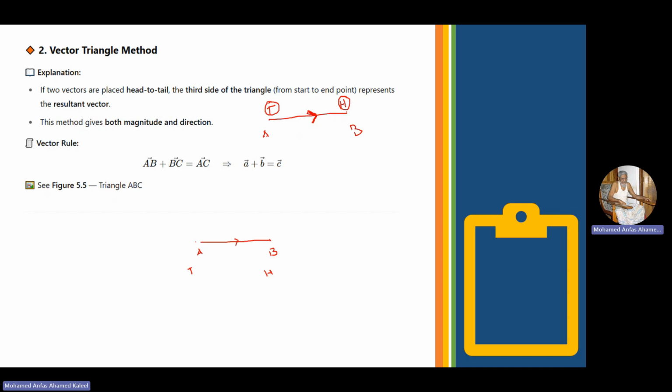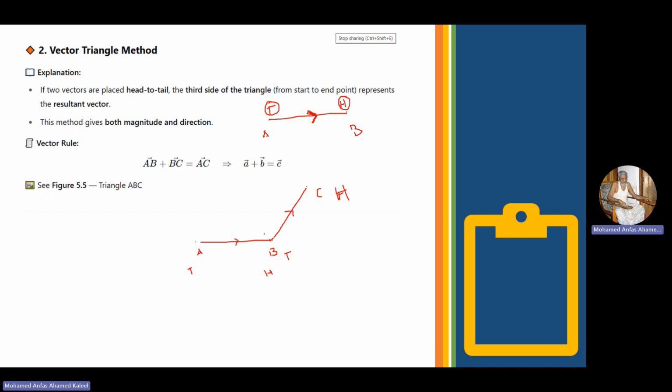For the AB vector, the tail is this one and the head is this one. For the BC vector, the tail is this one and the head is this one.